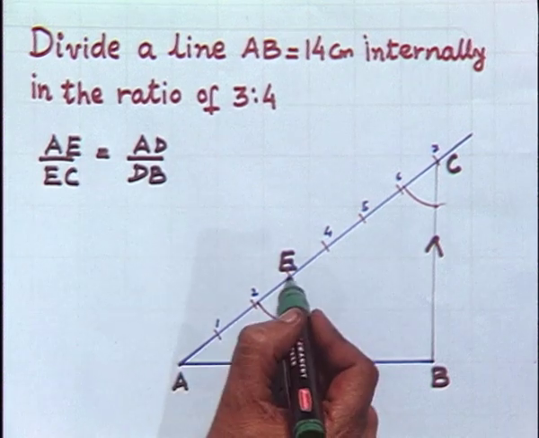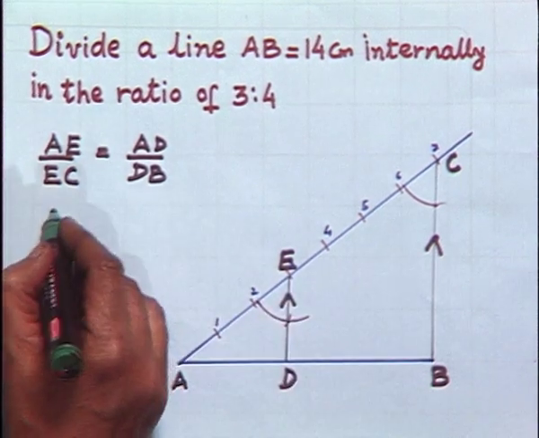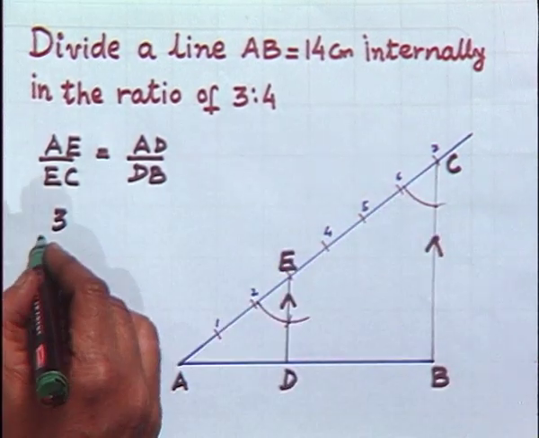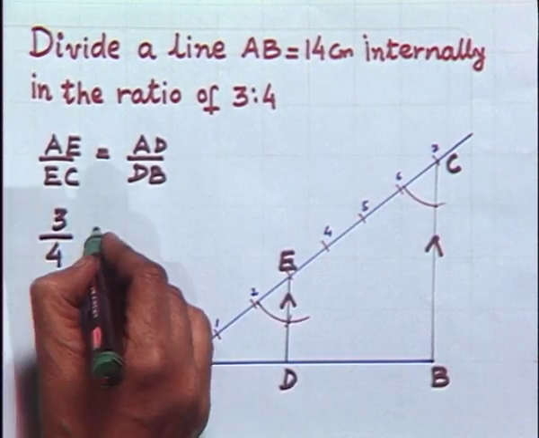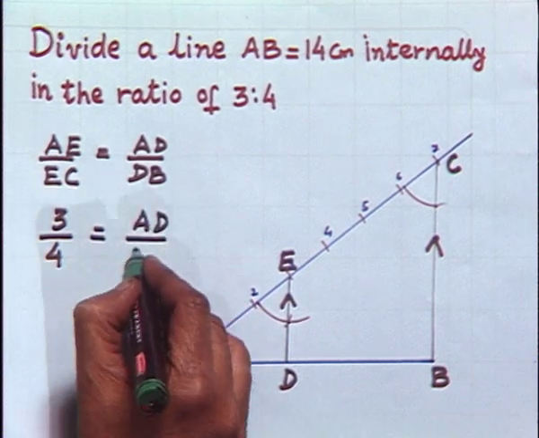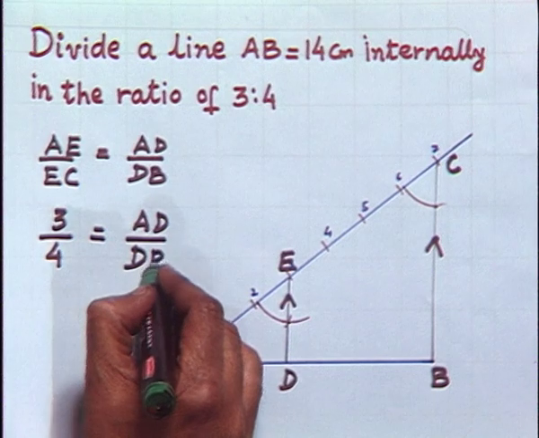Now, how much is the length AE? AE is 3 parts and EC is 4 parts. So, 3 upon 4 equals AD upon DB.